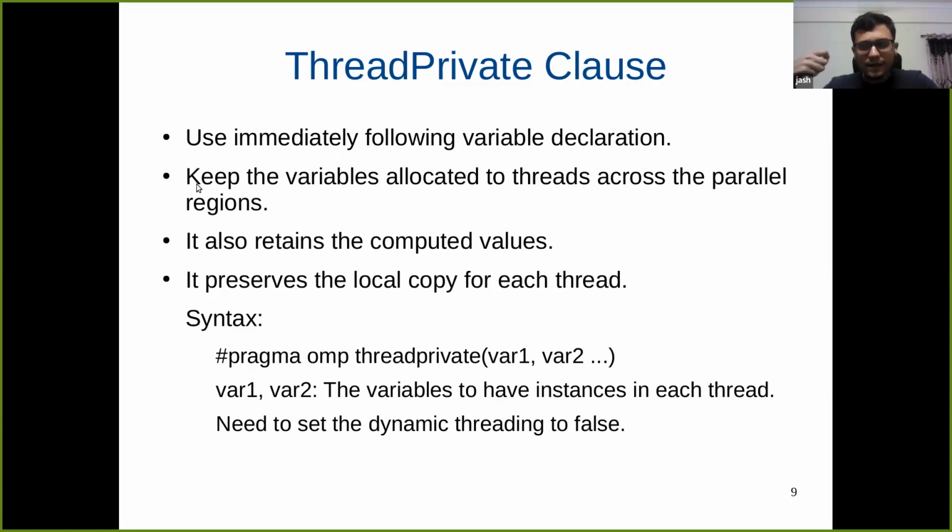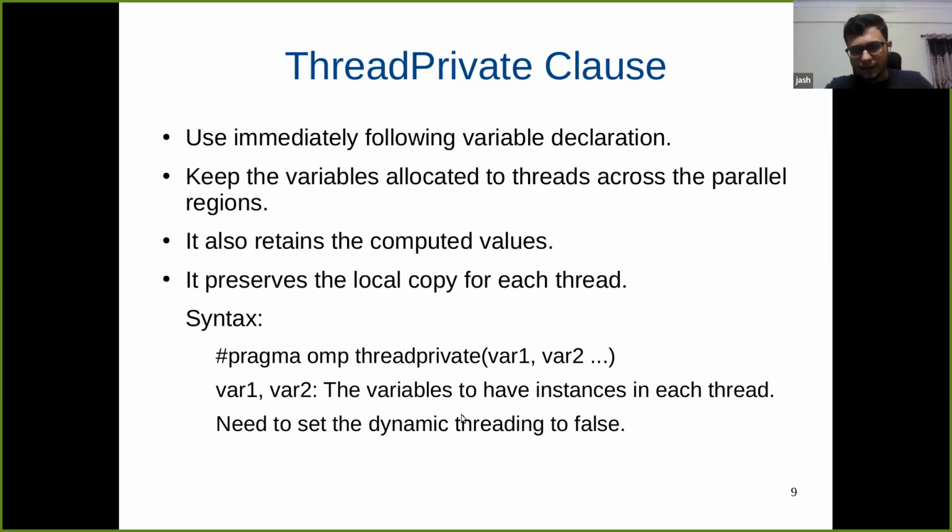What essentially it will do is keep the variables allocated for each thread across the parallel regions and retain the computed values in the local copies of each thread. And we saw the syntax, right? #pragma omp threadprivate, and then the set of variables.